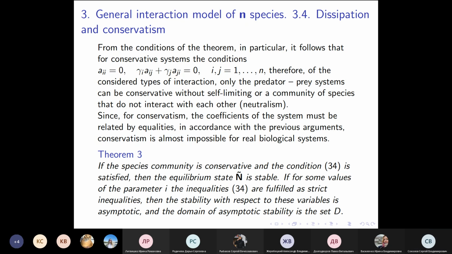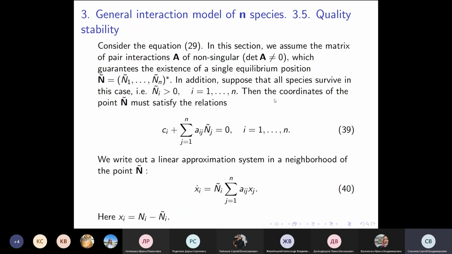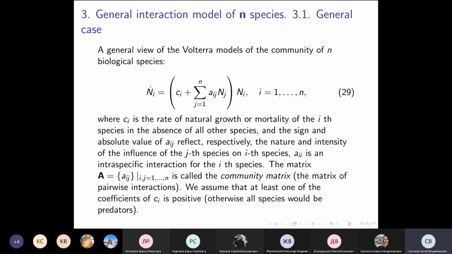But there is the last question. Let us consider our equation 29, this one. Let us suppose that the equilibrium is positive, so all Ni are positive.